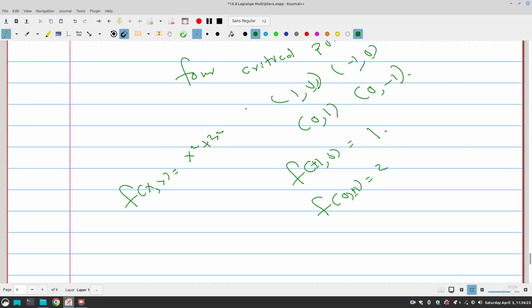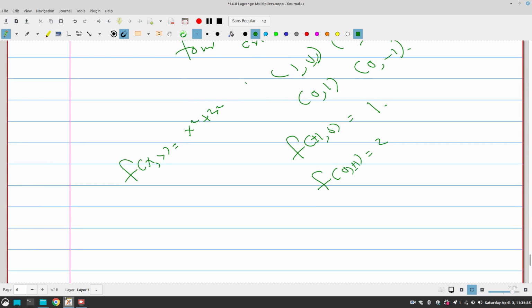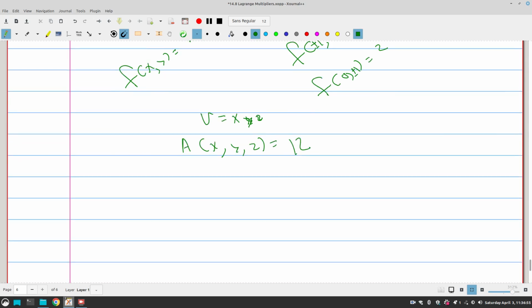We want to find the extreme value for the volume of a box. The area of cardboard given equals 12 square meters, and the volume has to be maximized. So the volume is xyz, and this is the constraint.